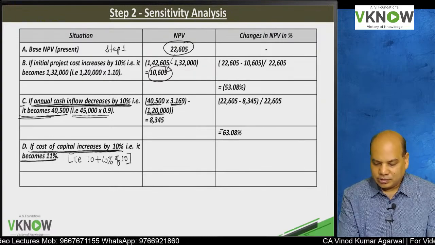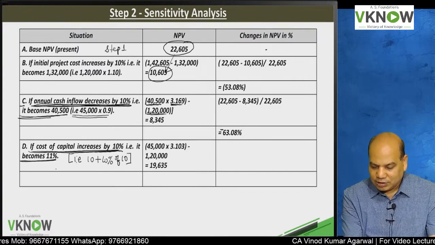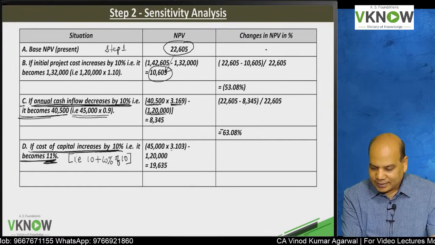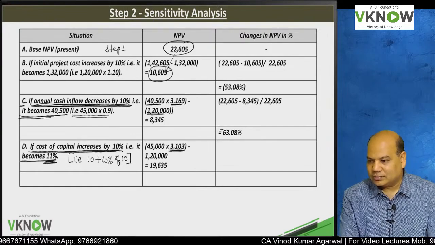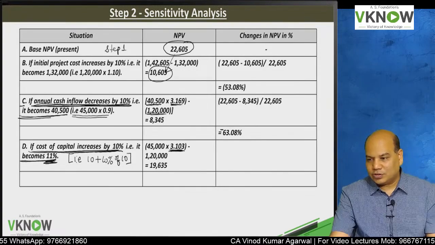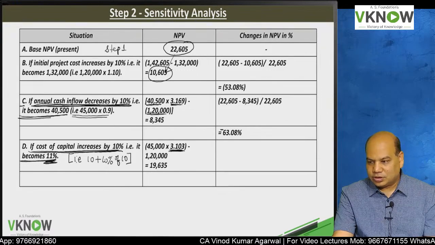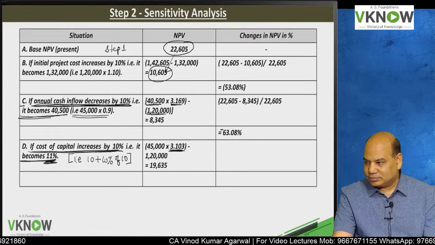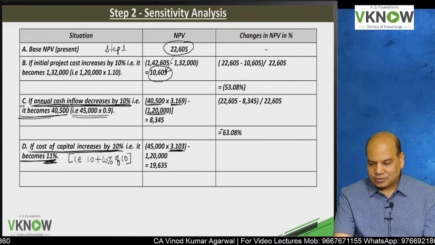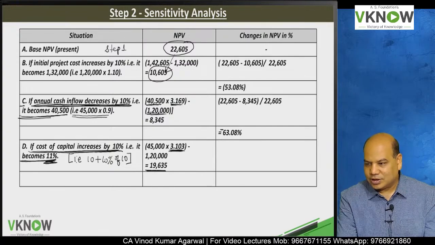So my discounting factor will now be 11%, and the present value factor given in the question at 11% is 3.103. 45,000 into 3.103 minus 1,20,000. Check the answer: 19,635.